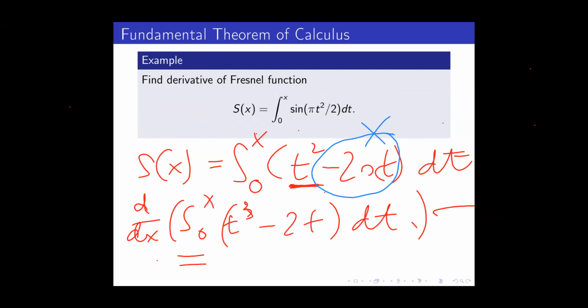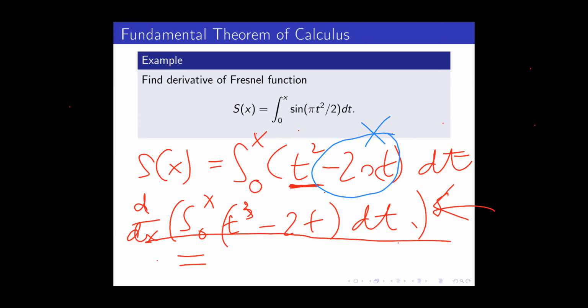I think it's x squared minus 2x. This is t cubed minus 2t, right? So for these questions, what is the derivative of the integral? Can you tell me the answer again?